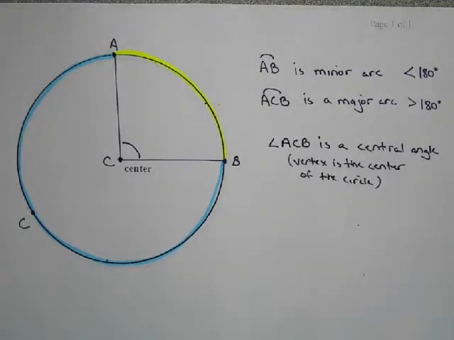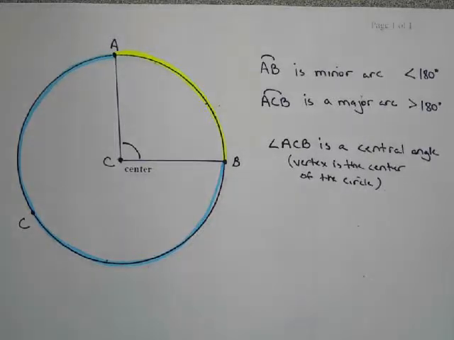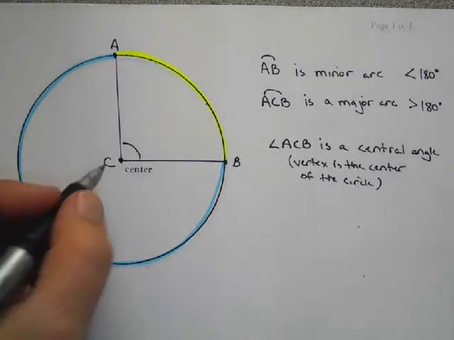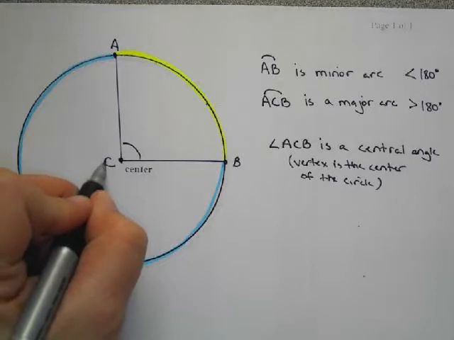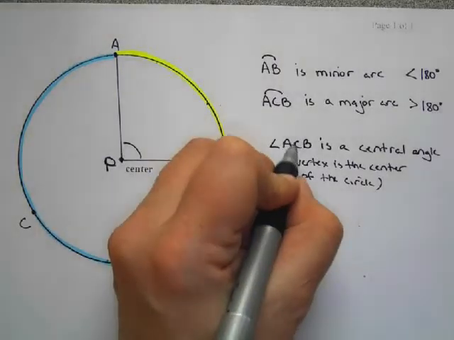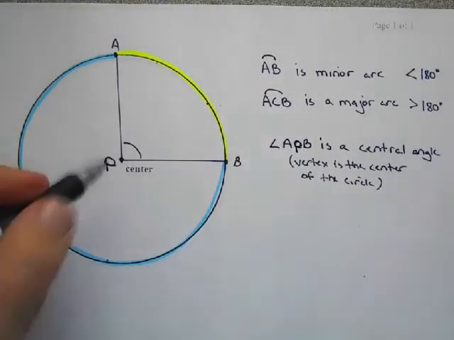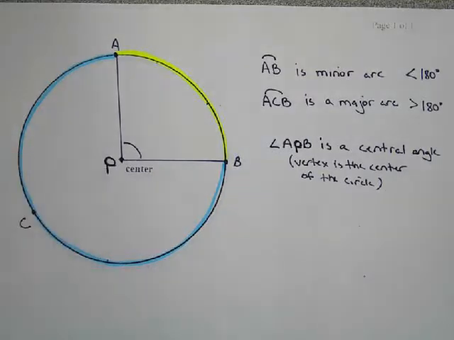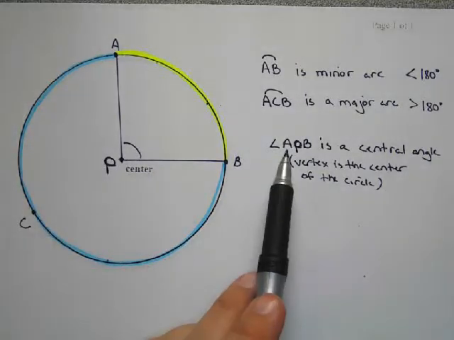Now let's change that to point P so that we don't get it mixed up. So we'll make P the center of our circle. So angle APB is a central angle.